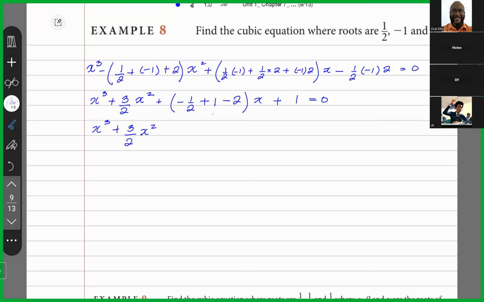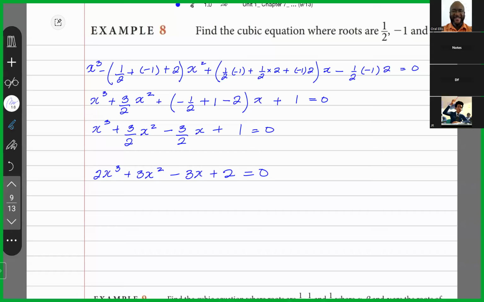That is a half. Now a half minus 2 is minus 1.5, which is minus 3/2 x plus 1 is equal to 0. Let's eliminate the fractions by multiplying the entire equation by 2, and we're going to get 2x cubed plus 3x squared minus 3x plus 2 is equal to 0.